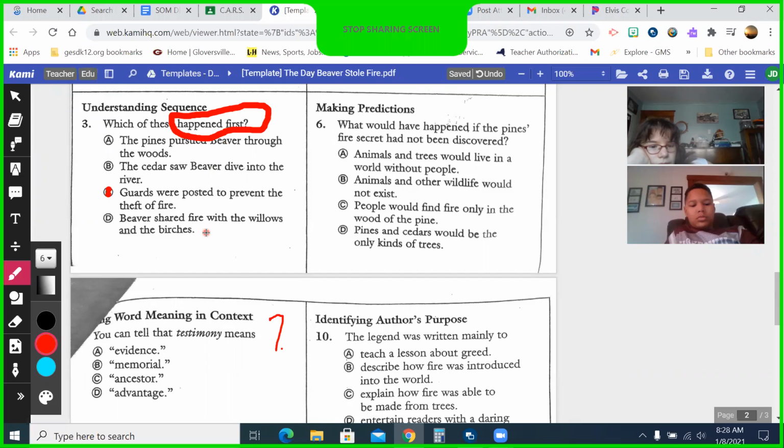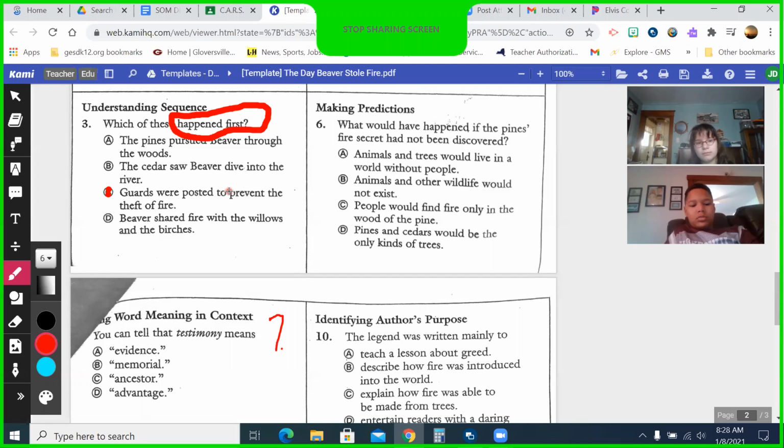That's not what you did. But you should, because if you're trying to figure out what came first, you need to look at all 4 of the choices because all 4 of the things happened. Remember yesterday with number 1, Bella, you said something like, well, all of those things happened, but just not in that paragraph, right? So you have to look at the whole text in that case.